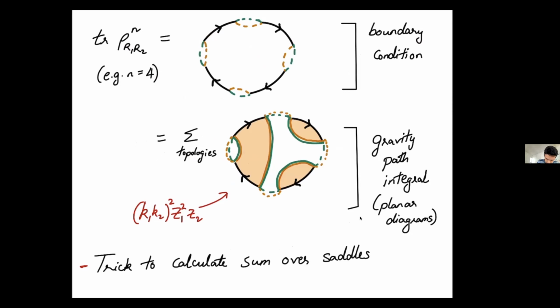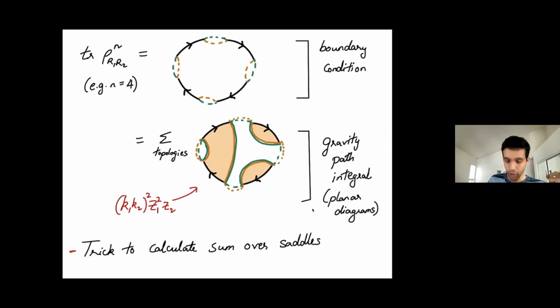This sets the boundary condition for computing the trace of rho to the n. Then we're told to fill this in with geometries and integrate over them. And so what we'll end up with is a sum over topologies of such form.